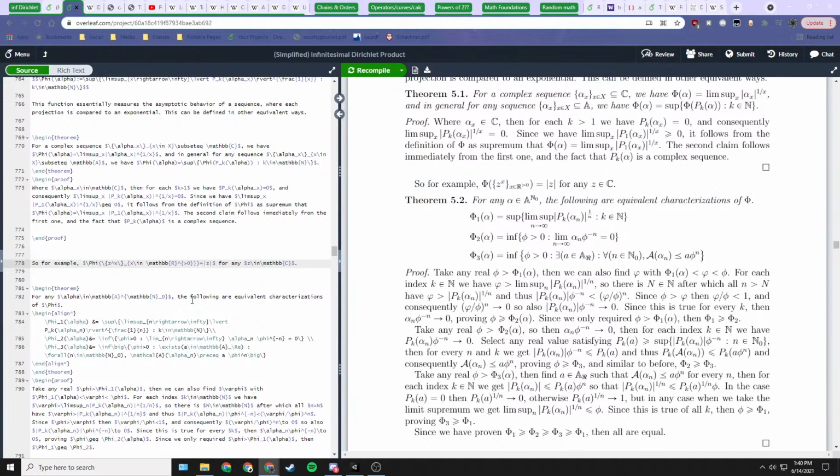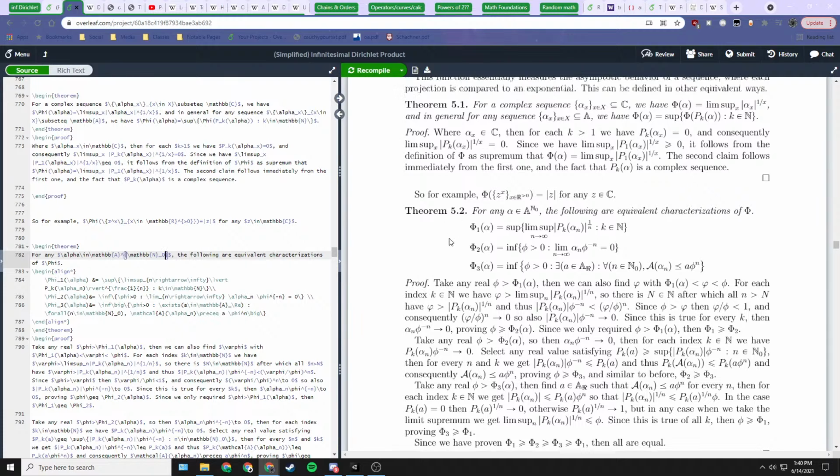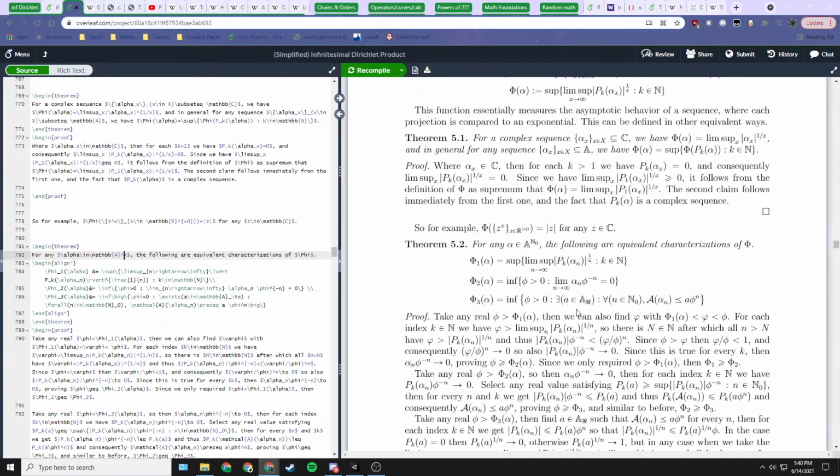Okay, and then we have this. So for any alpha, instead of saying in ax, we can just do ax. Okay, so instead of n's, we'll do x's.